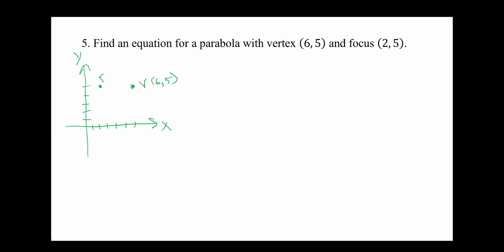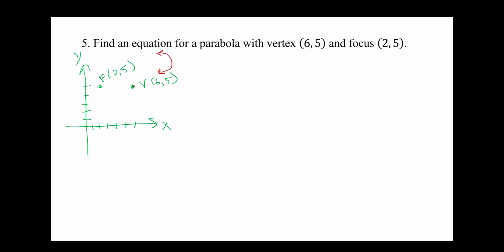I don't necessarily need to graph these, but if I graph just this much, it gives me a lot of information. It tells me that if my vertex is at (6, 5) and my focus is at (2, 5), my parabola is going to go through the vertex and wrap around that focus, so it's going to be going to the left.